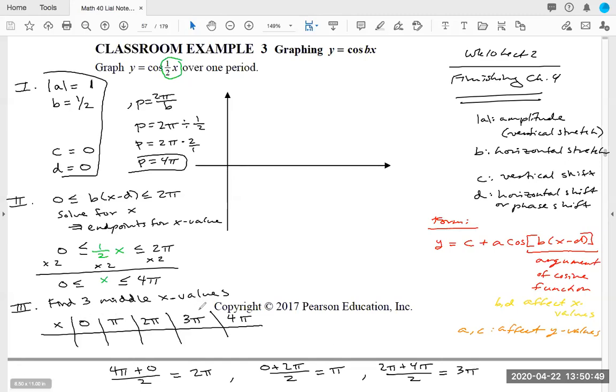This one's actually kind of nicely countable, but not all of them are. So definitely get familiar with averages for this. So we found our middle x values here. Let me go ahead and save this picture so that I can clear out the side here.